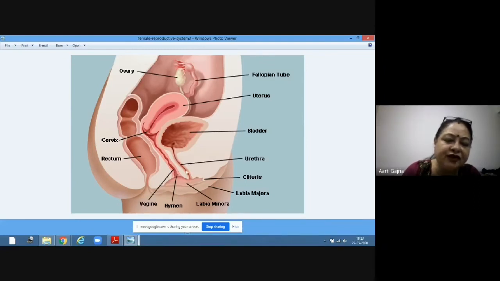But in females, the opening for urine is different. This is the urethra and this is the vagina. So they are different. And this is the rectum, the last part of the large intestine, and this is the anus. Clear?